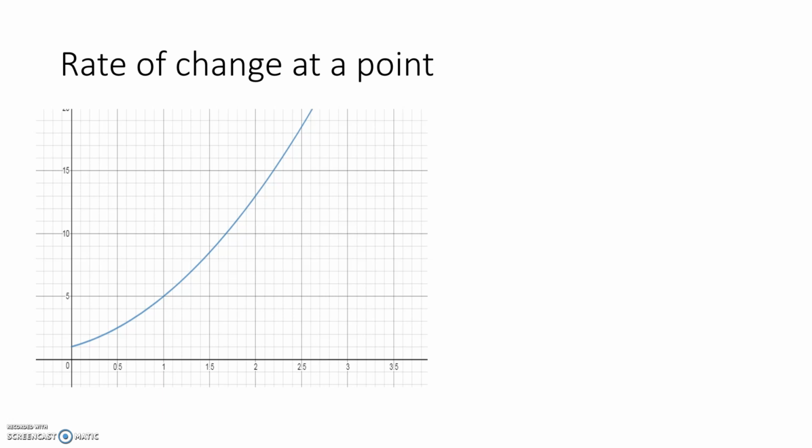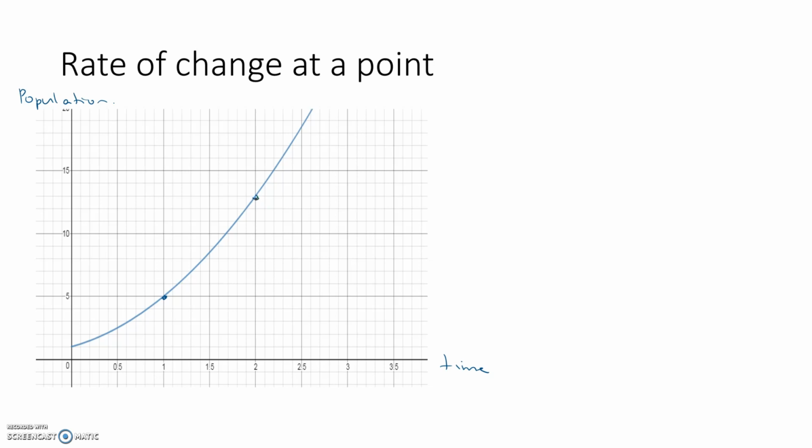If we think of the slope or the gradient of a curve as the rate of change, then you can see how important this could be to an engineer. For example, supposing this graph here is the graph of the population of something against time. So this is the number of units of population. We could easily find the rate of change over time, say from 1 year to 2 years.